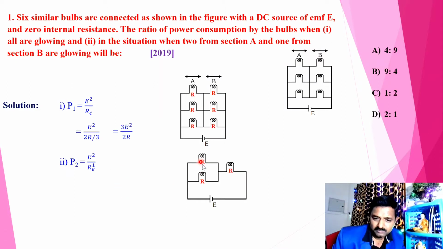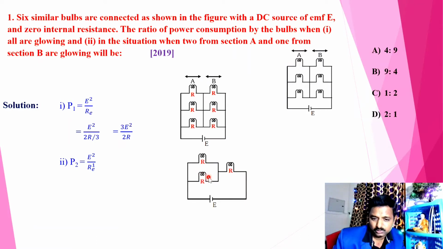In the first column, two bulbs are connected in parallel, each of resistance R. So the total resistance in the first column is R by 2.